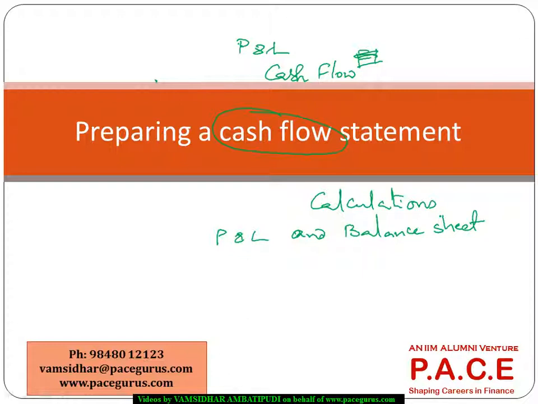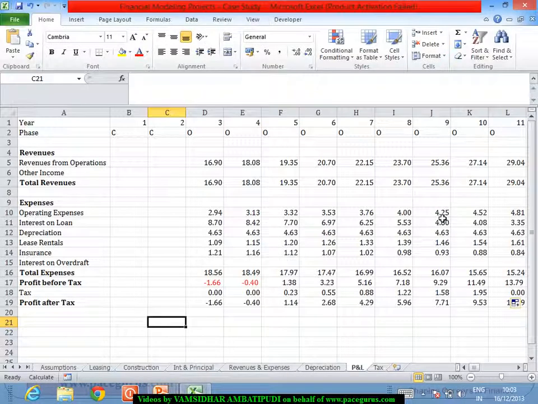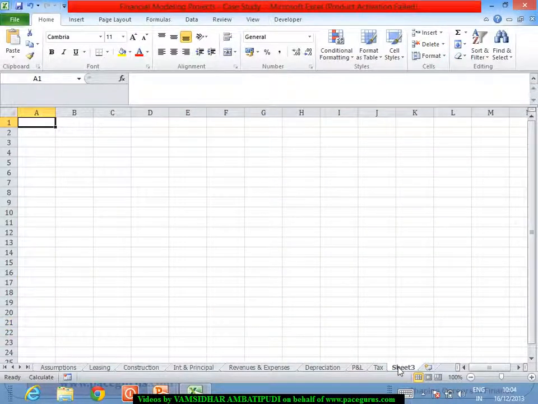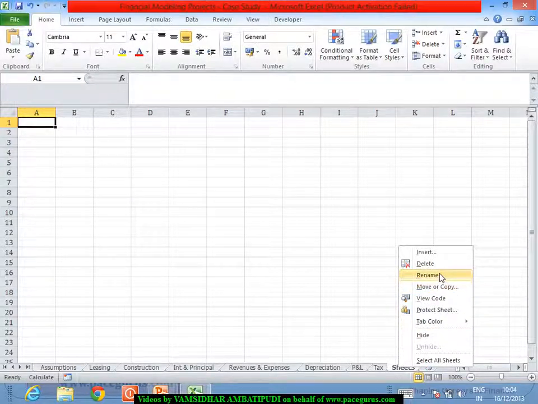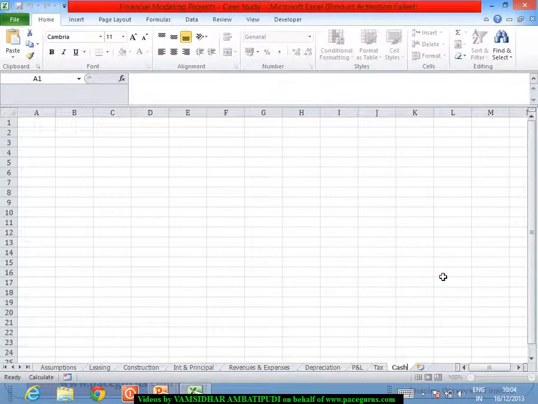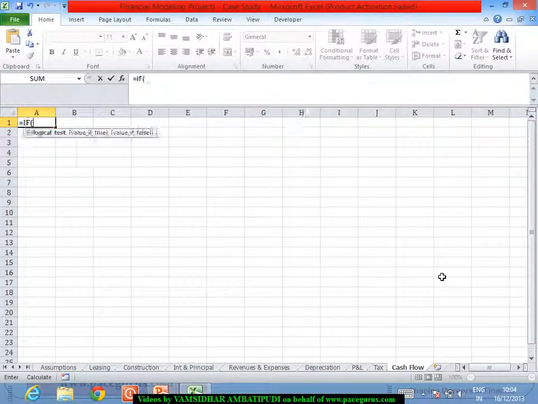So what I will be doing is using the P&L as well as the other statements that we have prepared. There is a standard format with which I generally prepare the cash flow statement. We'll create a new sheet and call it cash flow. The same logic applies, because we will be preparing this year over year for each of the years.